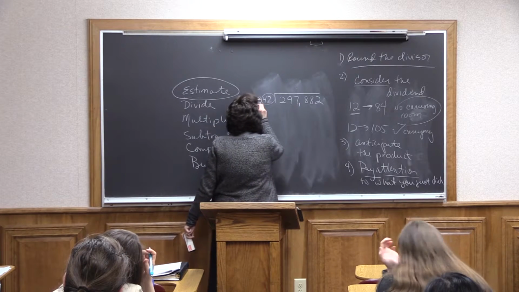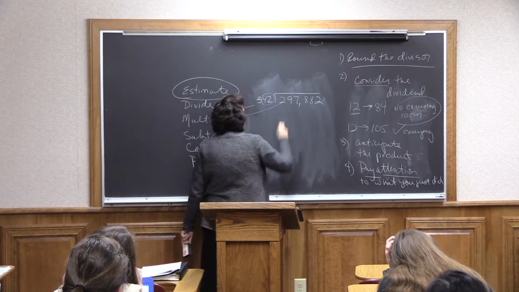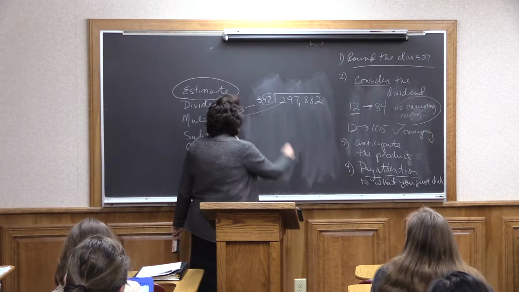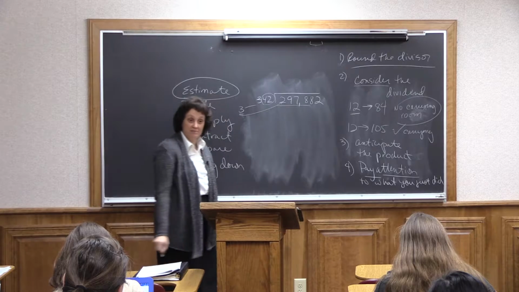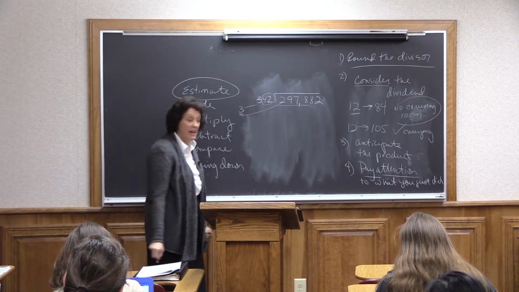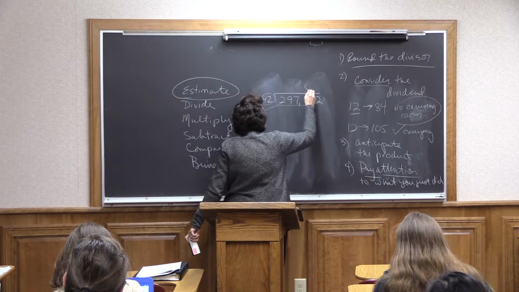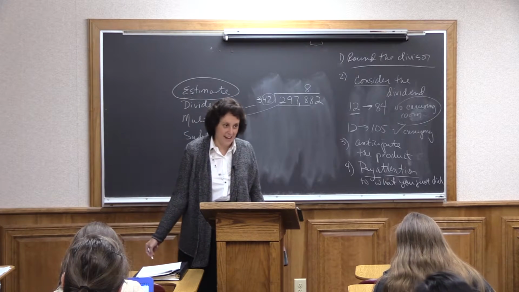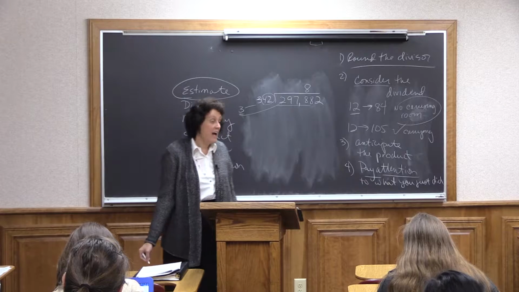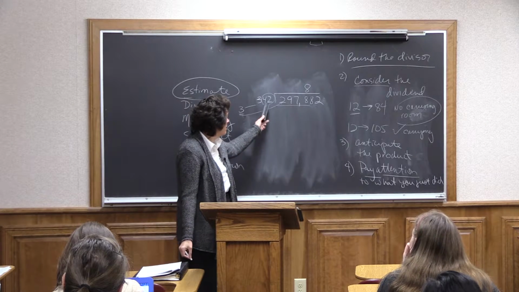I am dividing, I'm going to think, yes, 3 into 29, but I'm really dividing 342 into 2,900 whatever, right? I am not wasting my time on the 9. I don't care that 3 goes into 29 9 times. 3 times 9 is 27. I know I can't carry the 3.